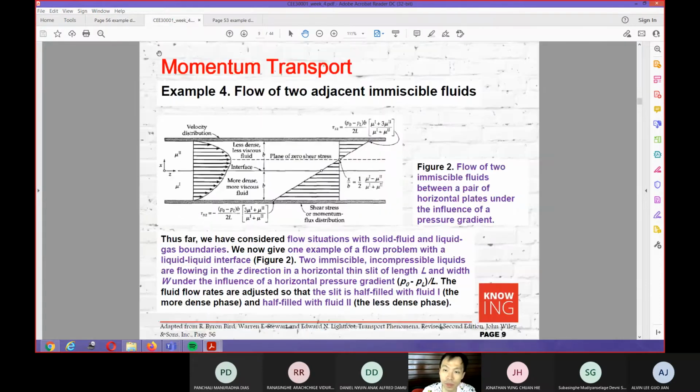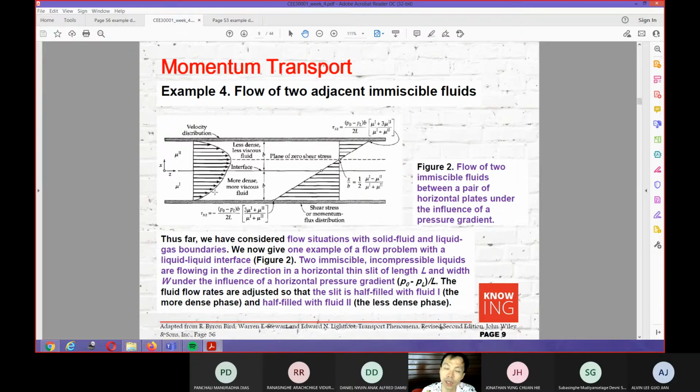So now, to make our life simple, we assume that the slit is half filled with fluid 1, so fluid 1 is at the bottom, and it's half filled with fluid 2. So the less dense one is on top, the more dense one is on the bottom. At this particular time, we don't know whether the velocity will be maximum at the top or at the bottom.